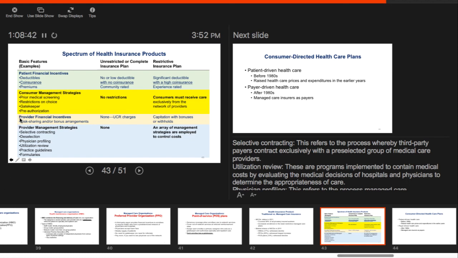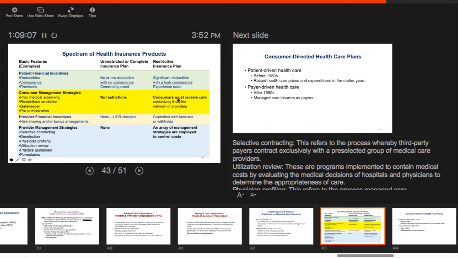The other feature is the providers' financial incentives, which is the risk sharing or bonus arrangement. Previously, physicians were reimbursed based on UCR charges, meaning they were reimbursed based on market rates.